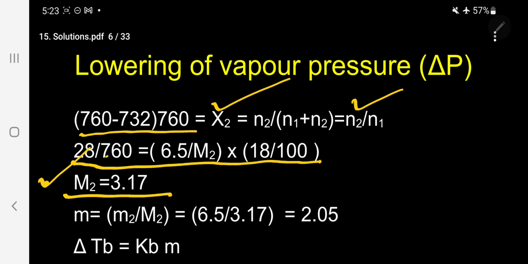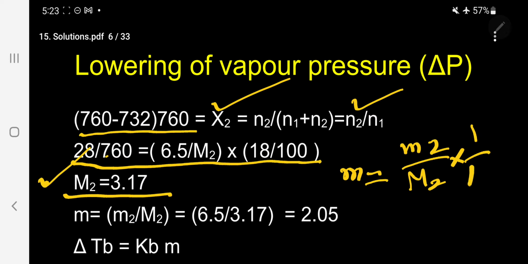So I have identified the molecular weight. From the molecular weight, I am going to calculate molality, the concentration term. What is molality? m2 by M2 into 1 by W, where W is the mass of solvent in kilograms, 1 kilogram. So W is always 1. So simply I will write m2 by capital M2.